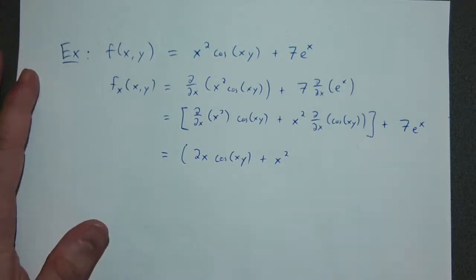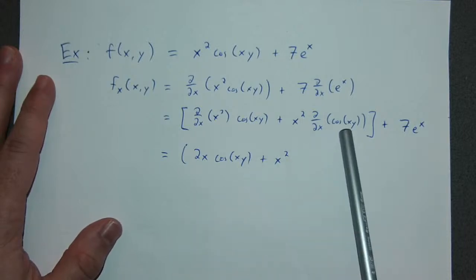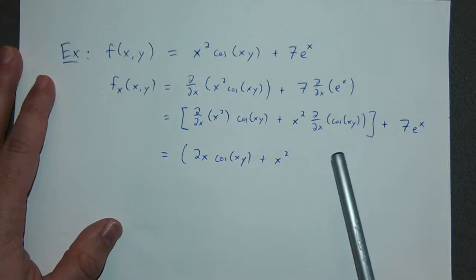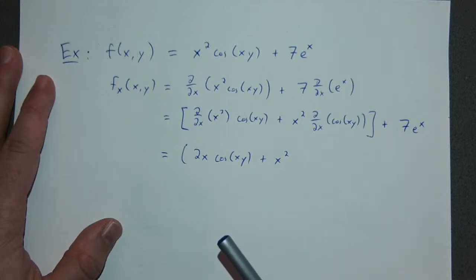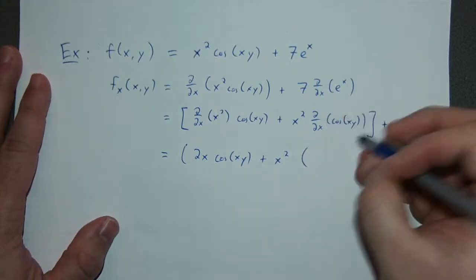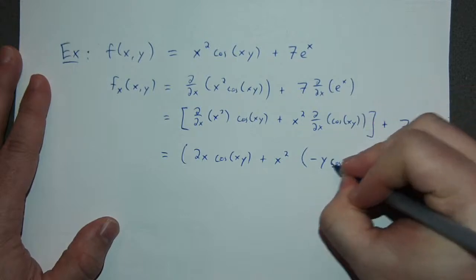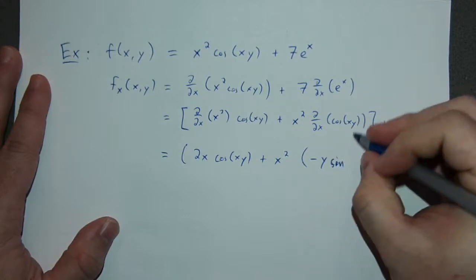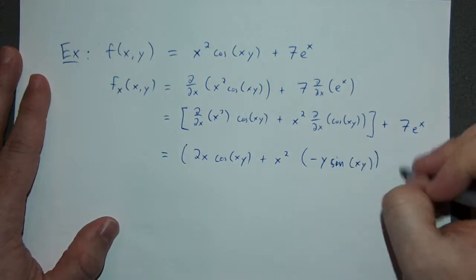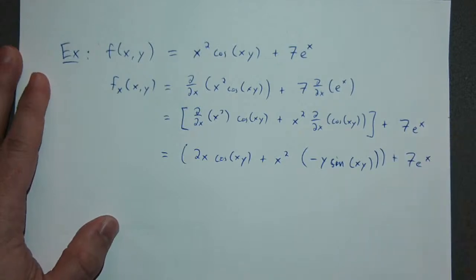Well, the derivative of cosine 5x with respect to x would be 5 times minus sine of 5x. So replicating that with a y here, this becomes minus y sine of xy. And one more, with 7 e to the x.